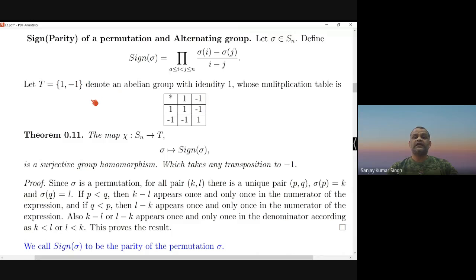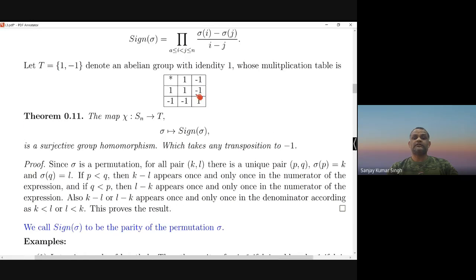I can think of the set {1, minus 1} as a group. It is basically an Abelian group of order 2 with identity 1, whose multiplication table I can write like this: 1 times 1 is 1, minus 1 times 1 is minus 1, minus 1 times minus 1 is 1.